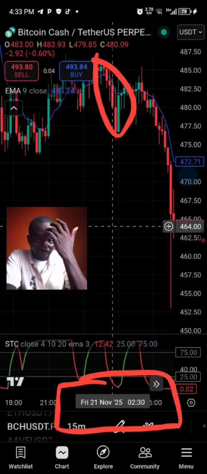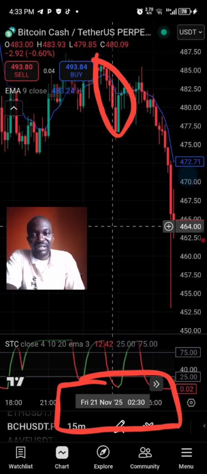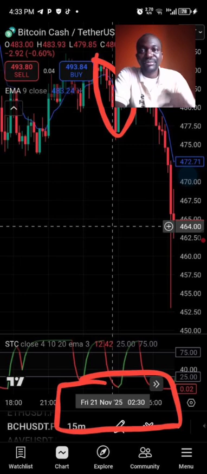So once again, we would like to thank every one of us for being part of this community, this group. I believe that as time goes on, we are going to be learning more things about trading. Trading is actually very easy. It's just you having the right information and the right tools at your disposal.